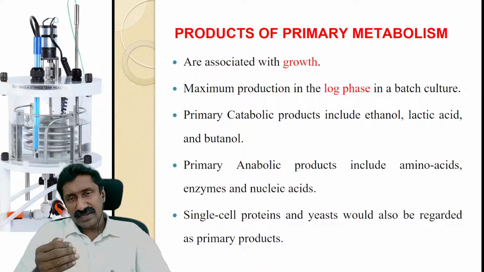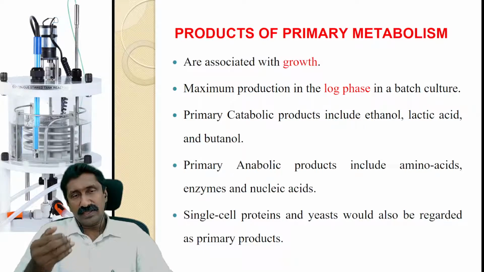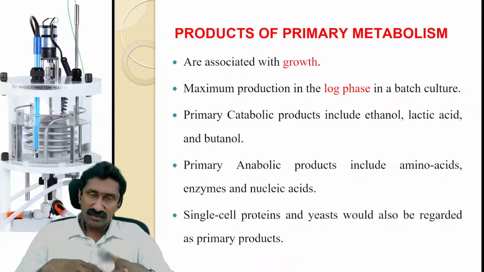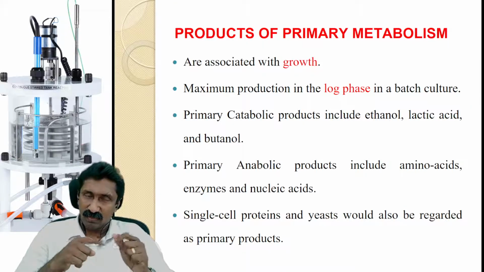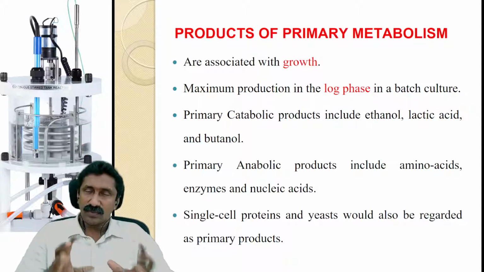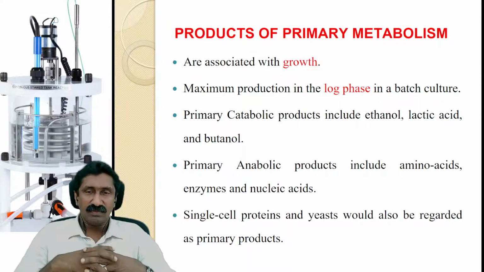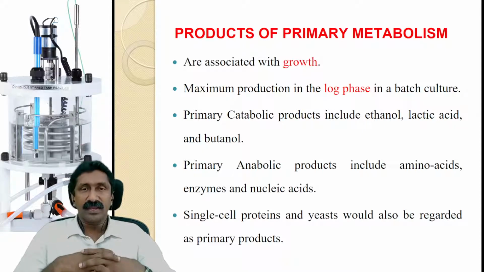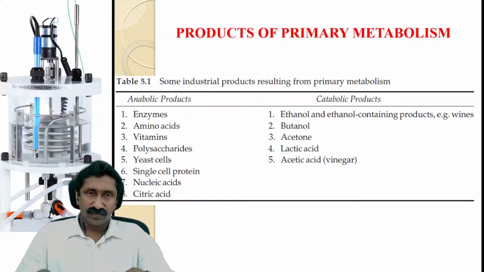Single cell proteins and yeast would also be regarded as a primary product. So single cell proteins were basically biomass, and that can also be treated. And you know that biomass will reach its maximum production in the log phase. So these single cell proteins and yeast, etc., can be considered as primary products of metabolism.